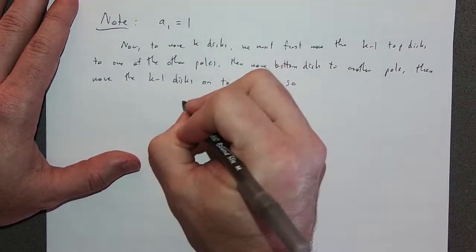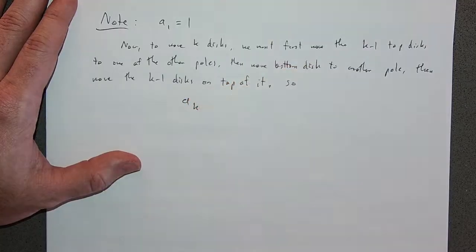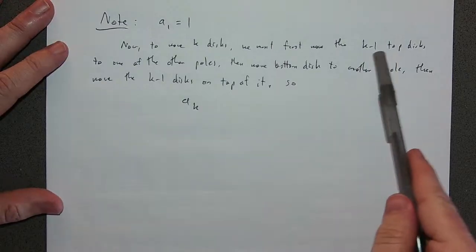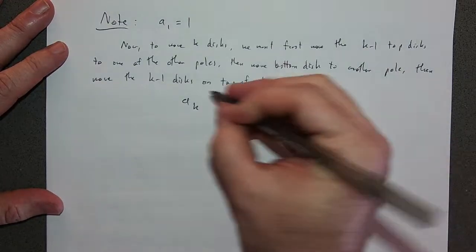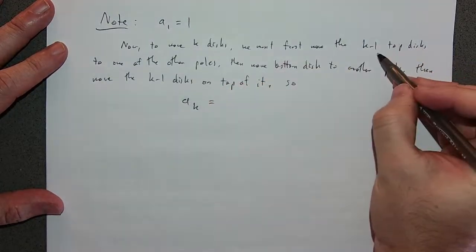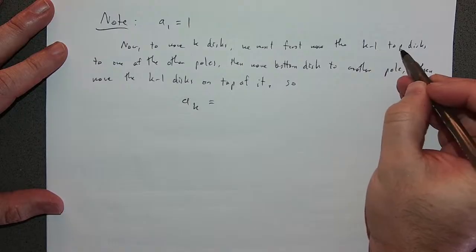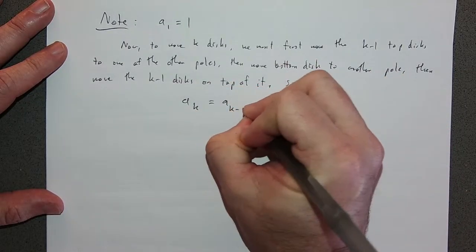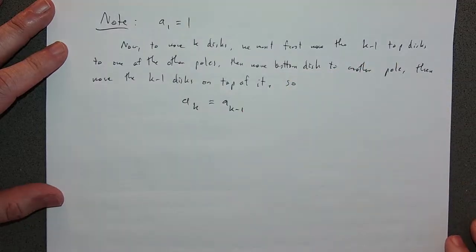So, what does this mean for a sub k? However many moves it takes me to move k minus 1 top disks to another pole, I know what that is. That's a sub k minus 1.